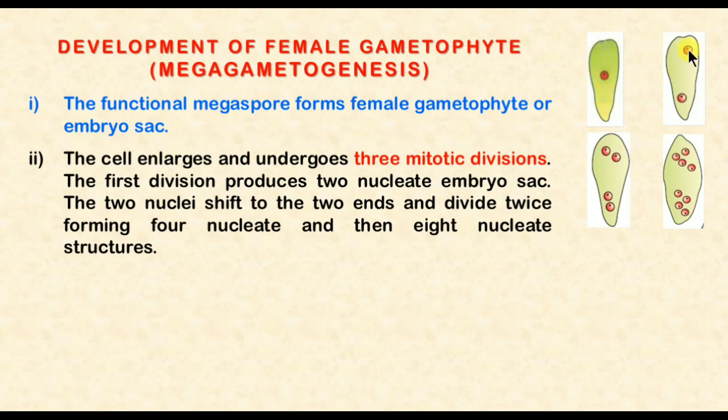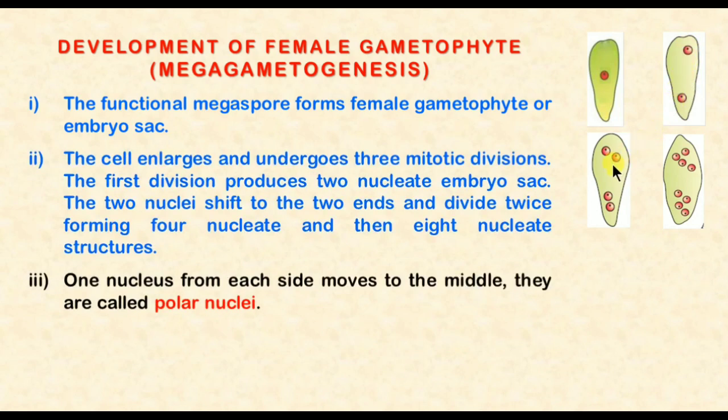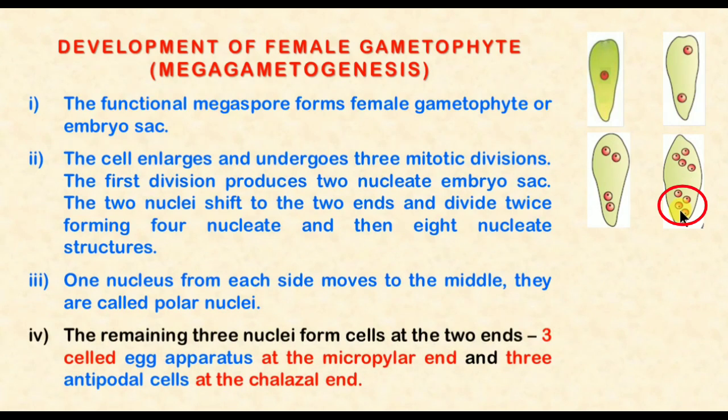The first division takes place and 2 nuclei are formed, and they move towards opposite ends. Then the second mitotic division takes place and 4 nuclei are formed, and after the third mitotic division a total of 8 nuclei are formed, 4 towards the micropylar end and the other 4 towards the chalazal end. Out of these, one from the micropylar end and one from the chalazal end move toward the center and are known as the polar nuclei.